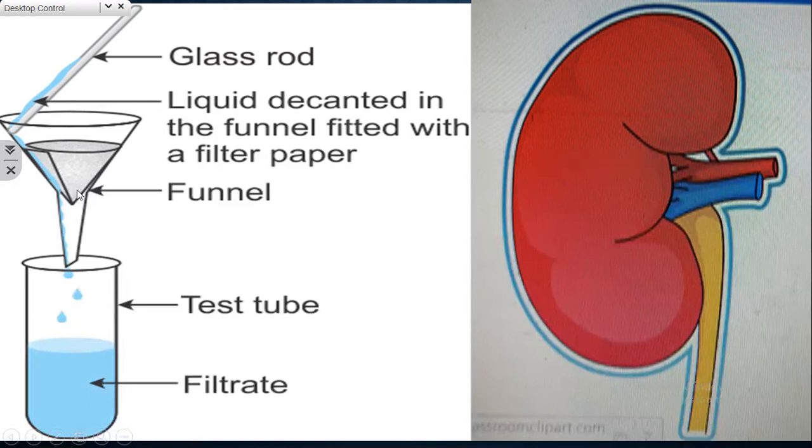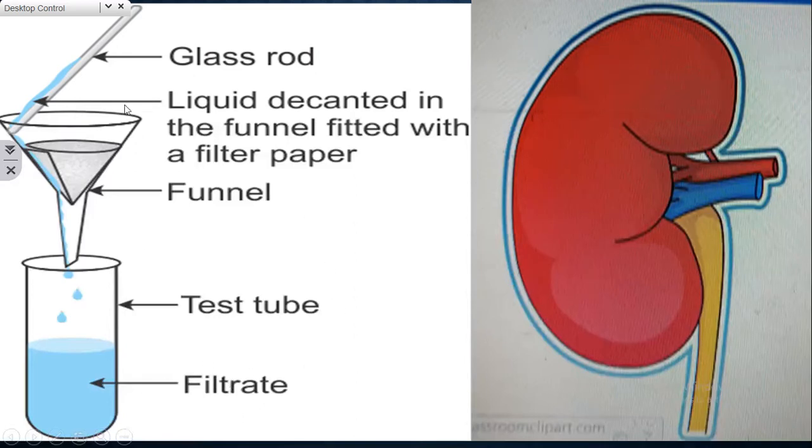Filter paper contains numerous minute holes which retain the solid insoluble components in it and allow only the liquid part to flow through it. This method is known as filtration. And the liquid collected at the bottom is called filtrate. This liquid collected by the filtration process is said to be filtrate.